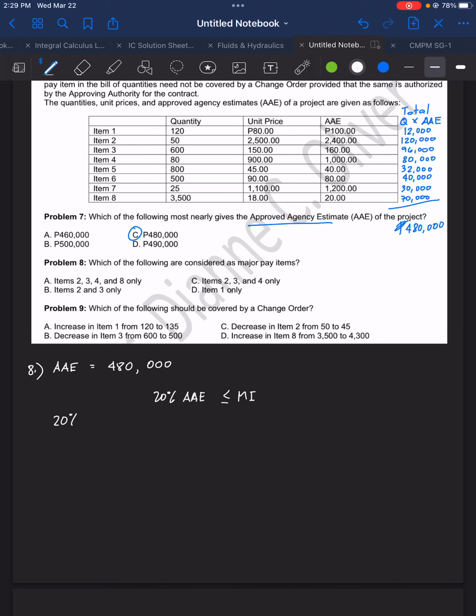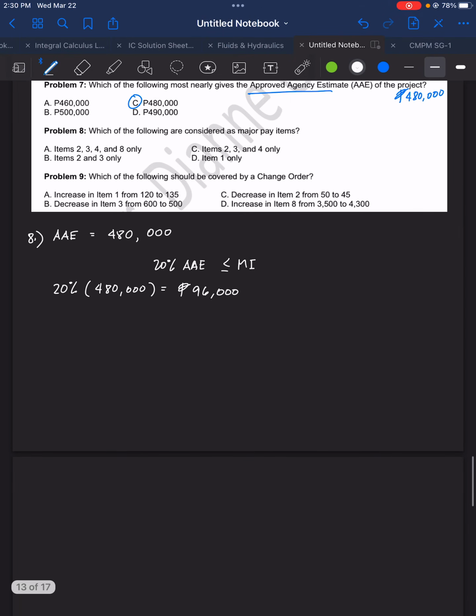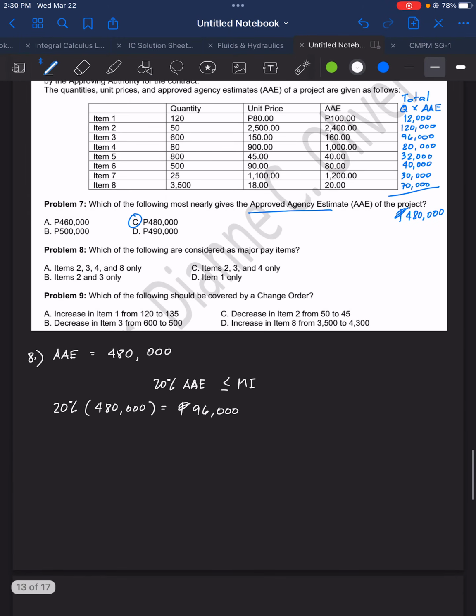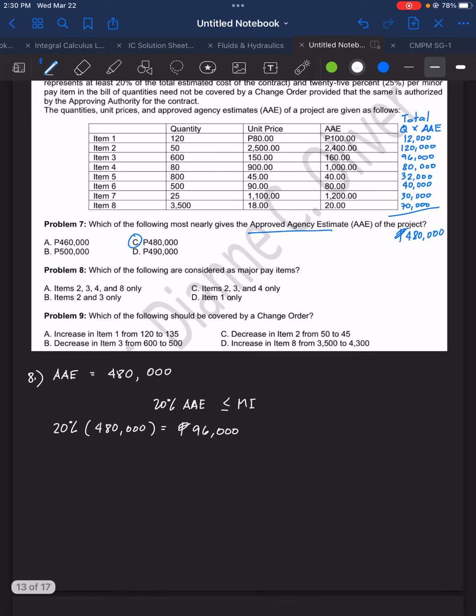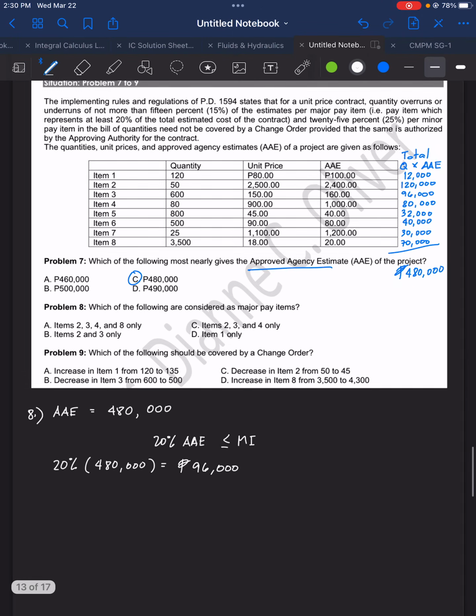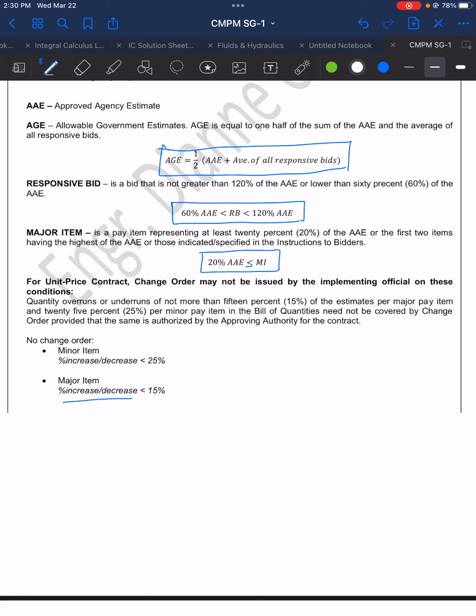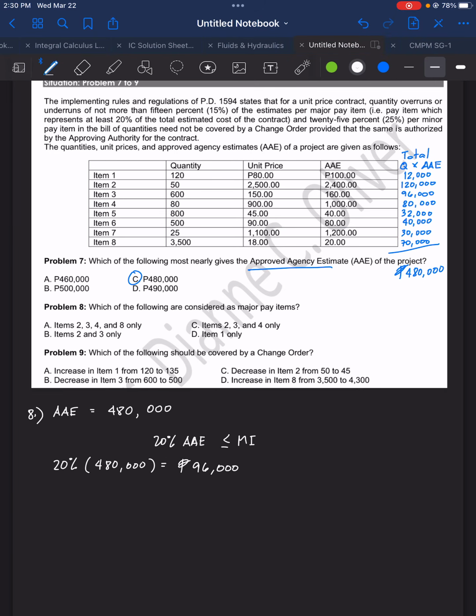Okay, so 20% of 480,000 is equal to 96,000 pesos. Okay, so which of the following items is defined here as the first two items having the highest of AAE?